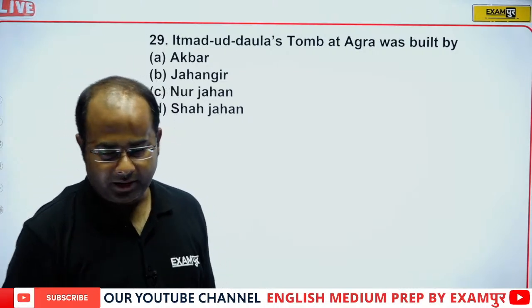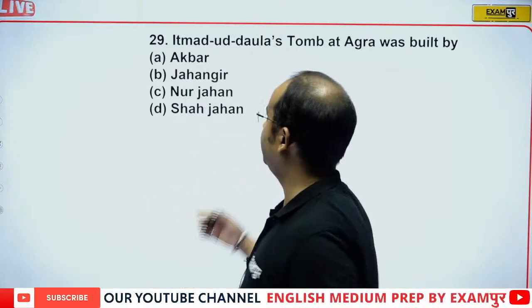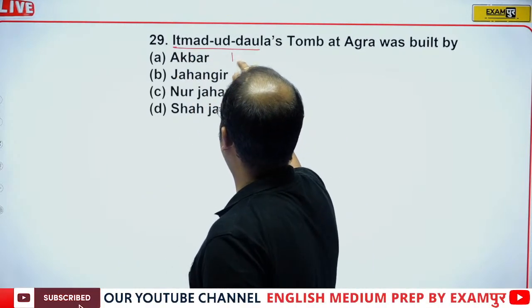Guys, the tomb of Etmad-ud-Daula. Etmad-ud-Daula was the father of Noor Jahan.